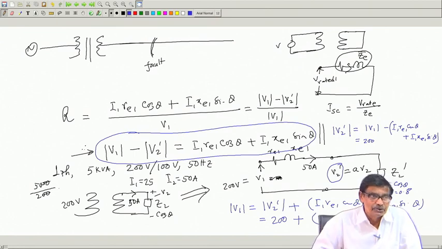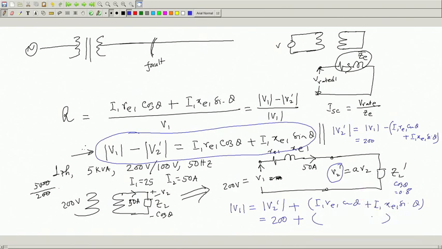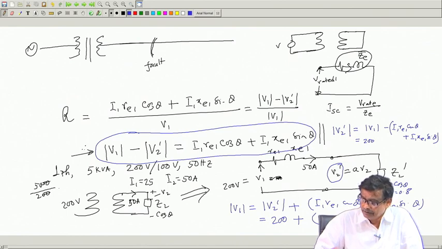I mean one should not think higher voltage, but its rated voltage is 200 volt. But as I told you, R e 1 and x e 1 are in general small. So, regulation may be of the order of 5%. So, with slightly more voltage applied, you will be able to maintain 100 volt across the secondary of the transformer.